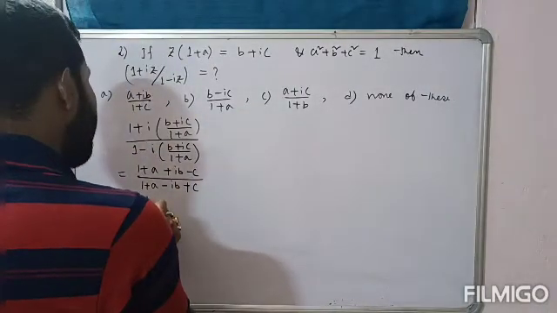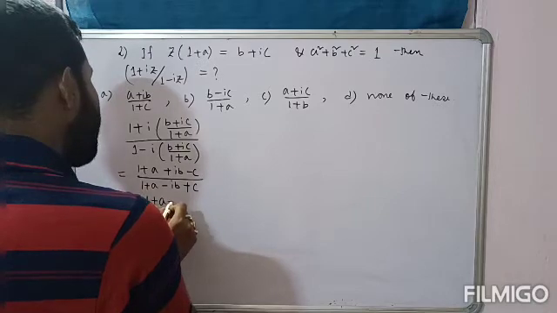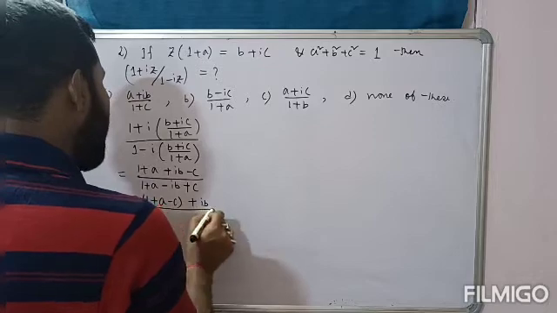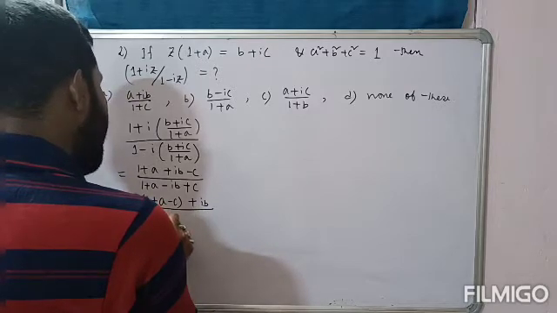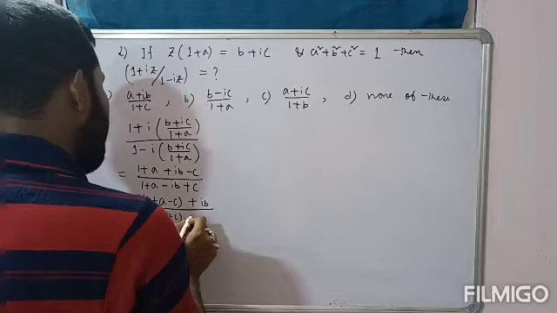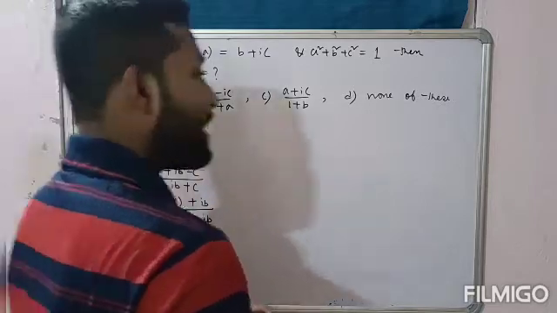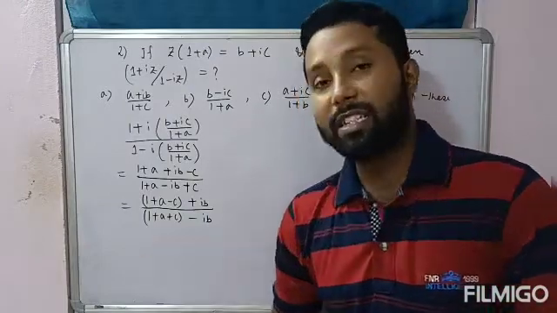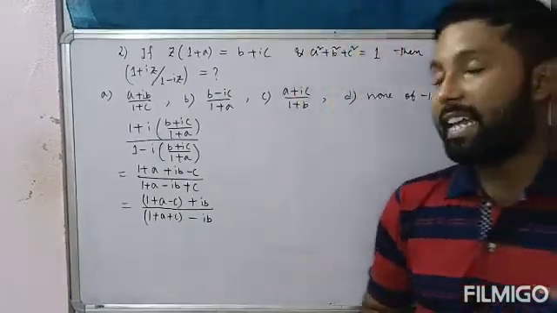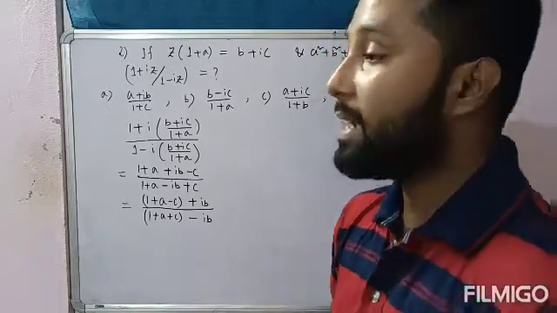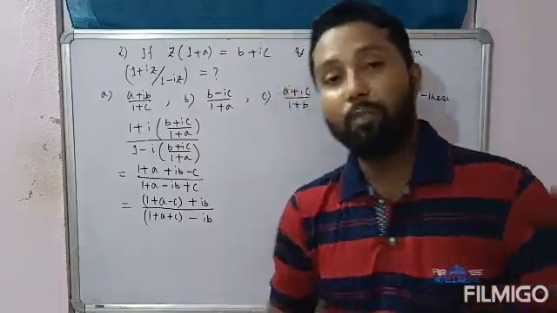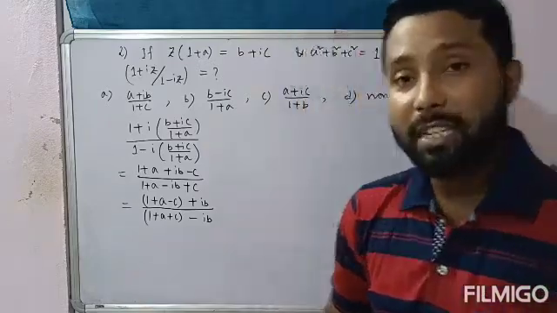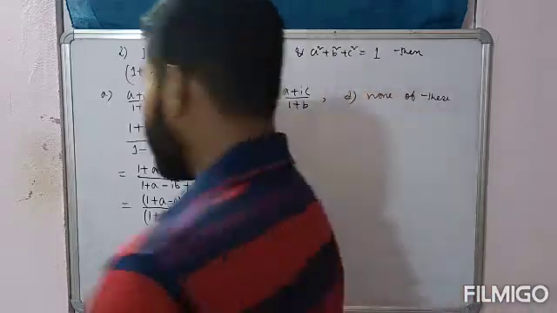So separate the real and imaginary part: 1 plus a minus c plus ib divided by 1 plus a plus c minus ib. Okay, after simplification, we have to separate the real and imaginary part. After separating the real and imaginary part from the numerator as well as the denominator, we have to rationalize it by taking the conjugate of the denominator.